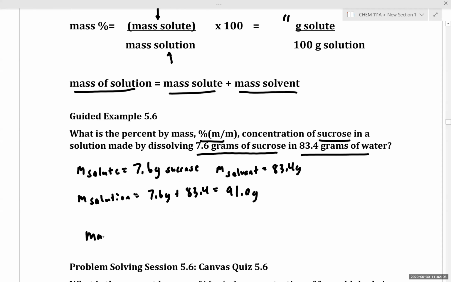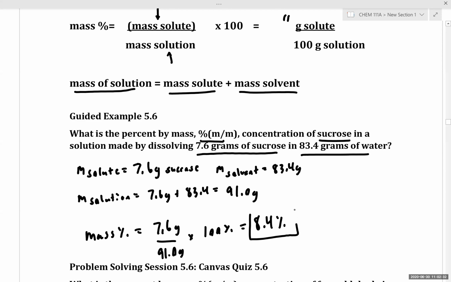So then, calculating the mass percent, we take the grams of solute over the grams of solution times 100%. And if we punch that into our calculator, we get a mass percent of 8.4%. Rounded to 2 sig figs because our input has 2 sig figs.